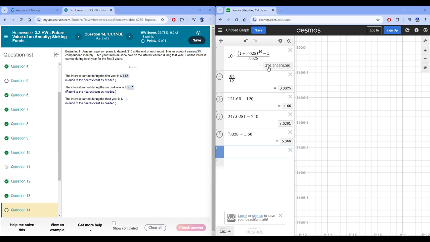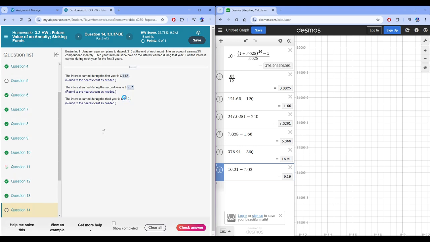And that would give us $376.21 minus 36 payments, which would be $360, which gives us $16.21. $16.21 minus the interest made during the first two years, which was 7.02, gives us $9.19. $9.19.